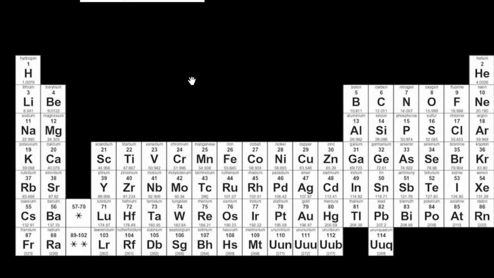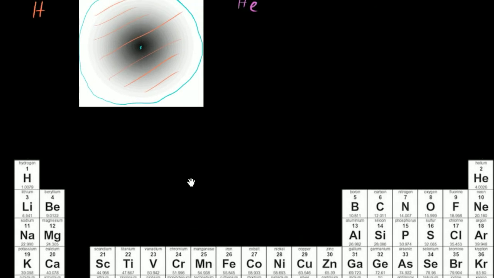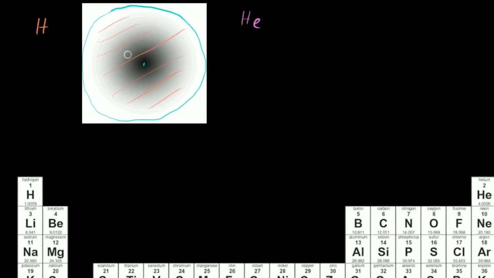So you might start to ask yourself, when looking at a diagram like this, what happens when this shell, this orbital, starts to fill up? Or do we still have the same distribution? Or you might just ask, what happens when we start adding more electrons onto our different atoms?